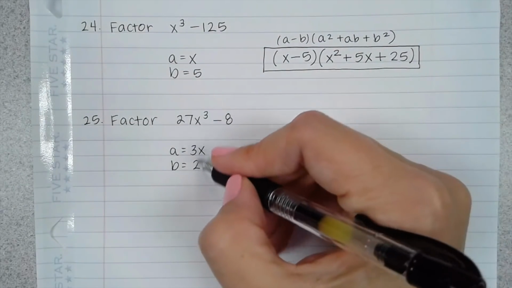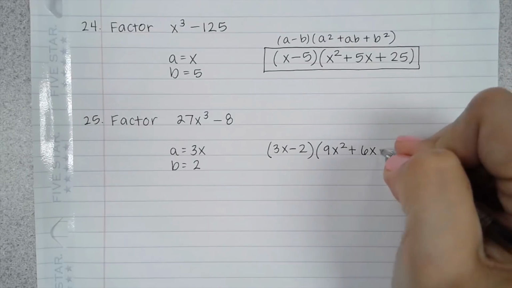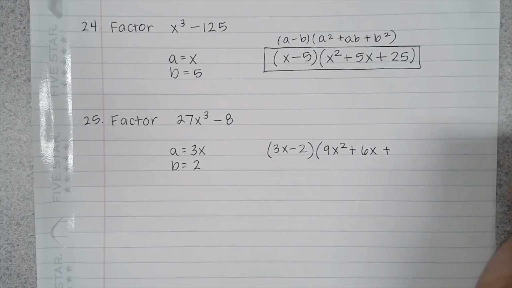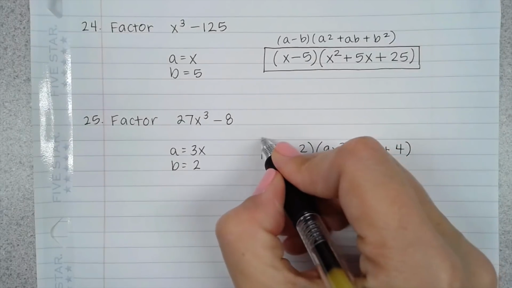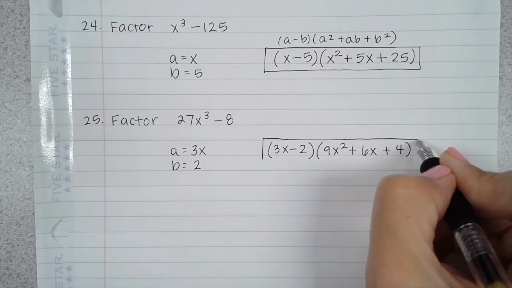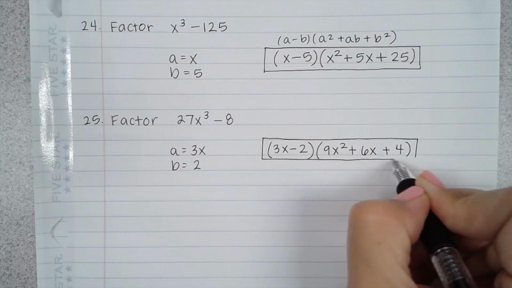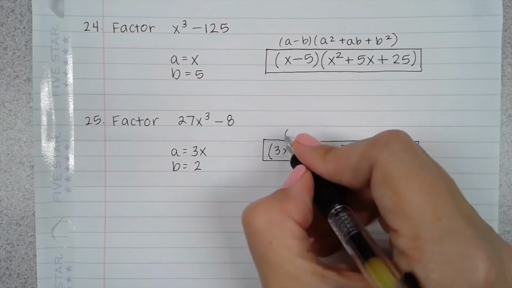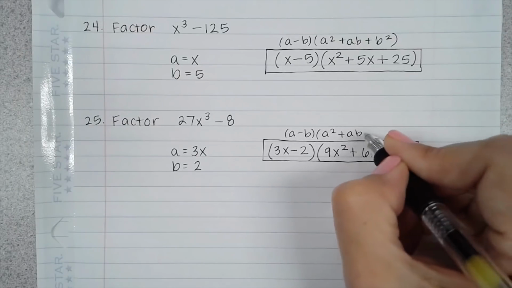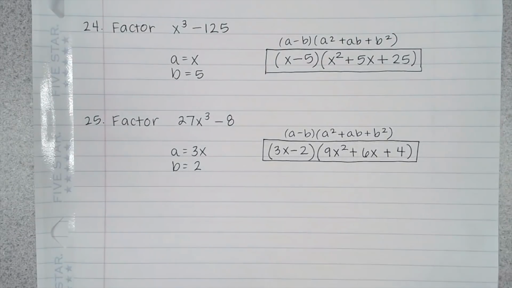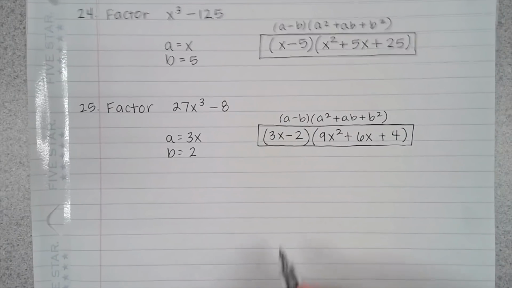To get the next one, I multiply these two together. My last sign is always positive. And then for my last spot, I'm going to do my b term, whatever it is, squared. Again, you can follow by talking yourself through the pattern, or you can memorize this formula. It's the same one as up above, but I'll write it again. This gives you the pattern for 25 and for 24.